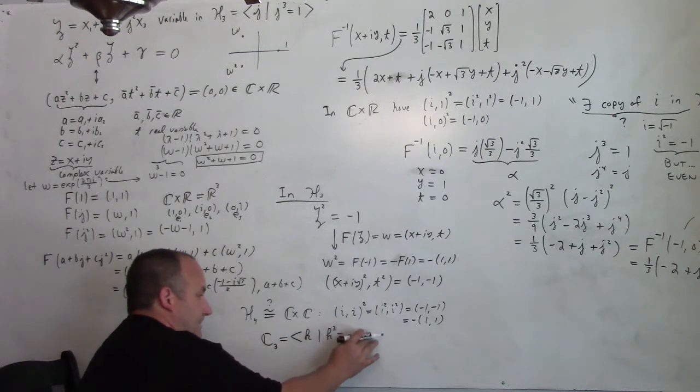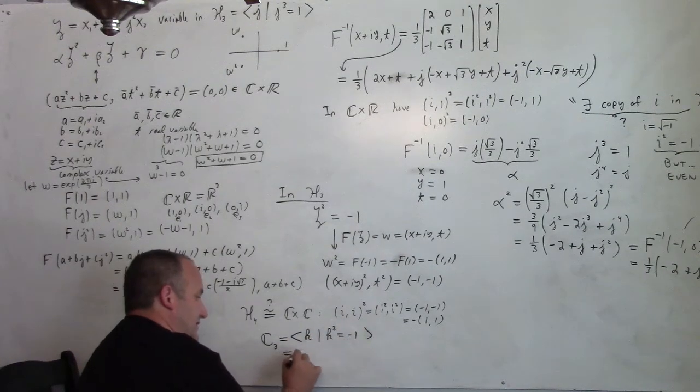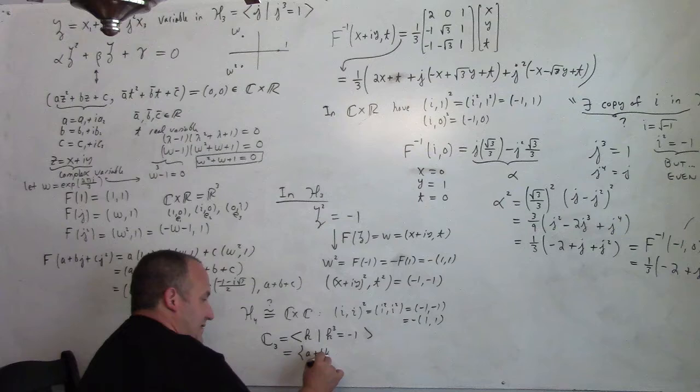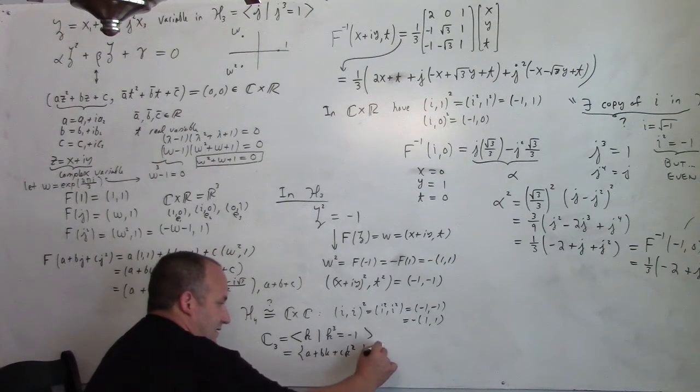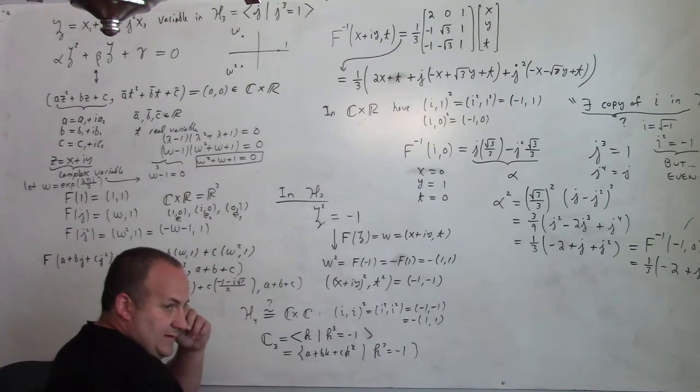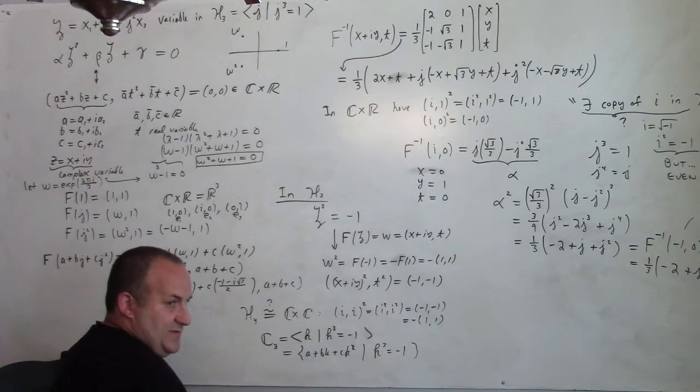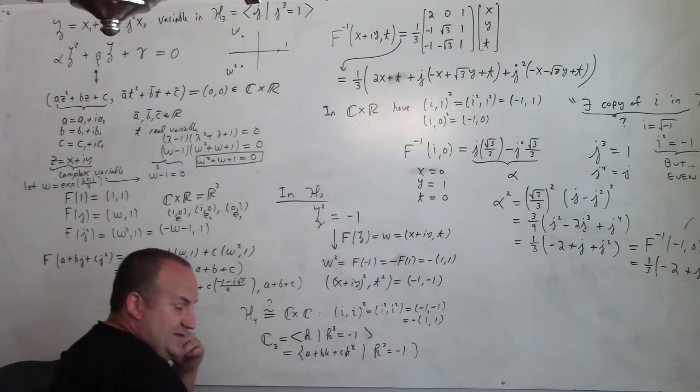So it's things of the form A plus BK plus CK squared. So, if you're going to ask whether two algebras are isomorphic, you should find two at least at the same vector space dimension, yeah? Yeah. This is also three-dimensional.